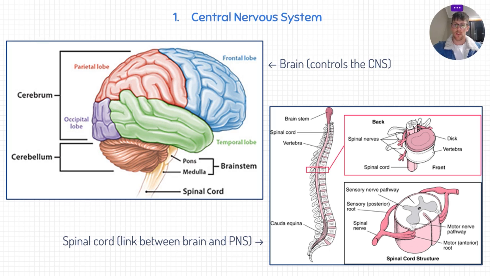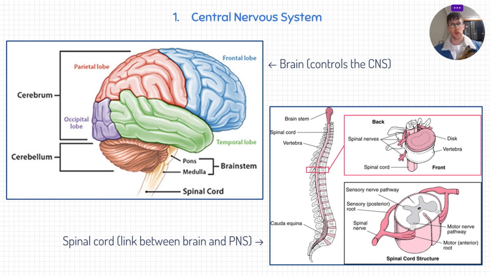So starting with the central nervous system, we look at the brain. The brain is the key part of our central nervous system. It is responsible for determining what action our body is going to take when there is a change in the external environment. So the change is detected, we get the information sent to our brain or our spinal cord, and depending on whether that's a process that we have to consciously think about or unconsciously deliver a response, our brain is really a key player here.